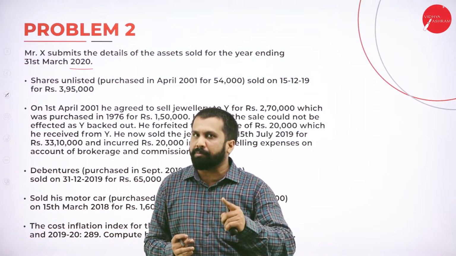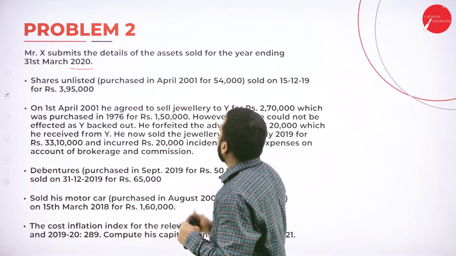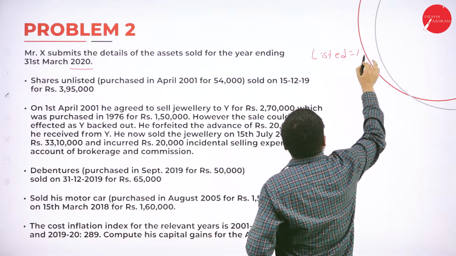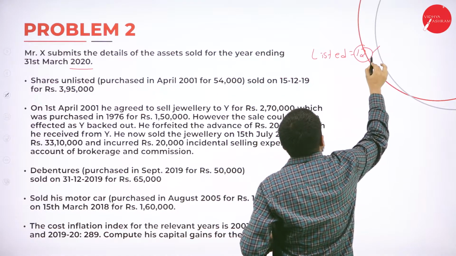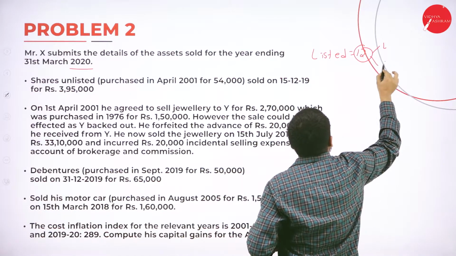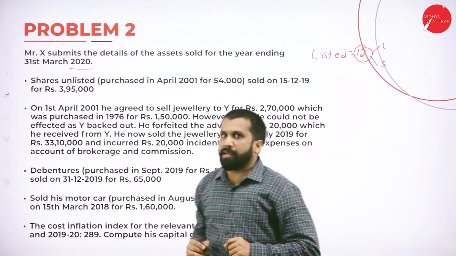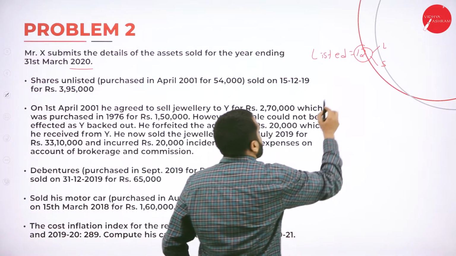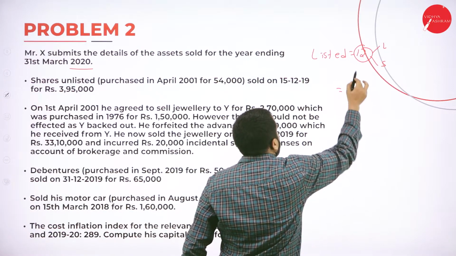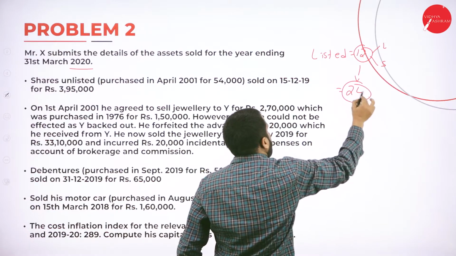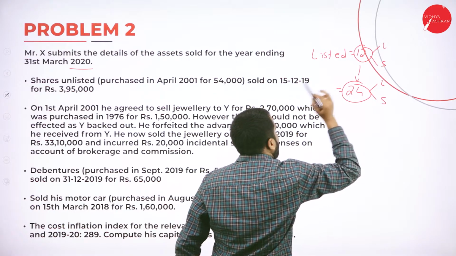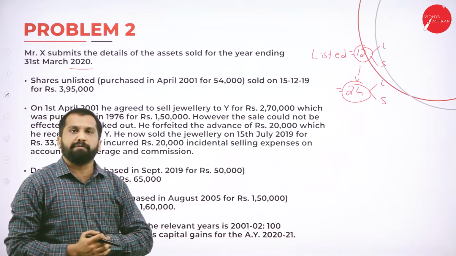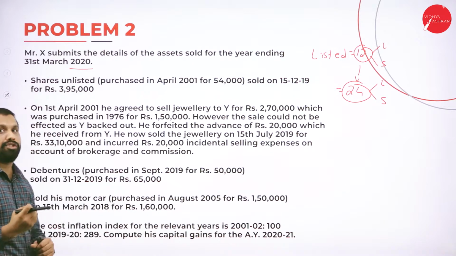Now, in case of unlisted, instead of 12 it becomes 24. Above 24 months, long term, and below 24 months, it will be considered short term.